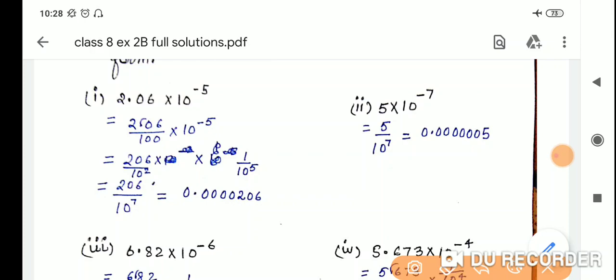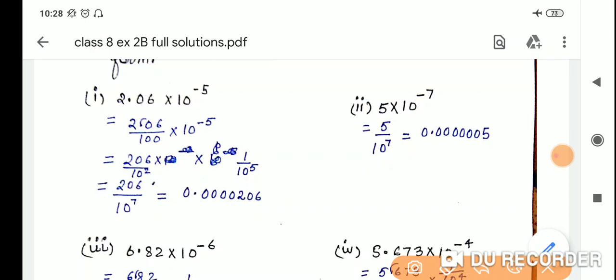Just remember that when we have to convert to the usual form, we have to make the power positive, and when we have to write it in standard form, we take the powers in negative form wherever required. In standard form the powers can be negative also and positive also.